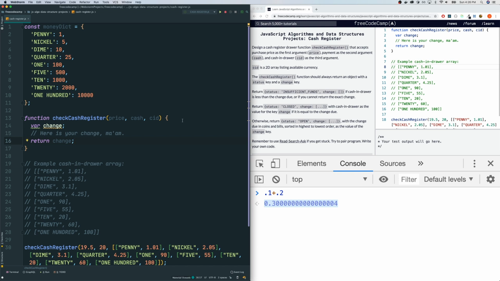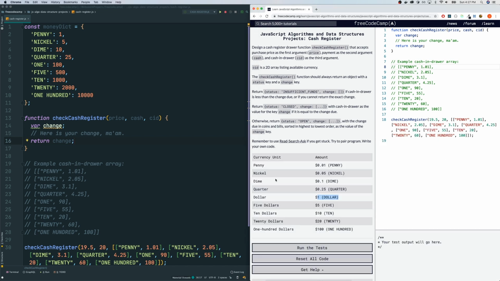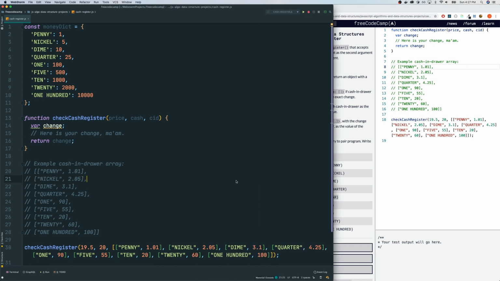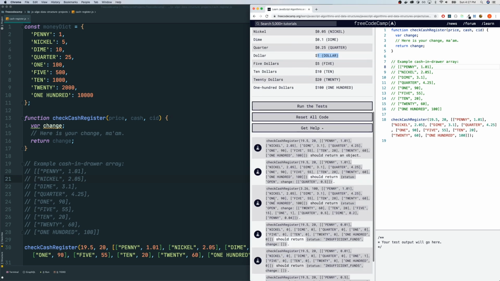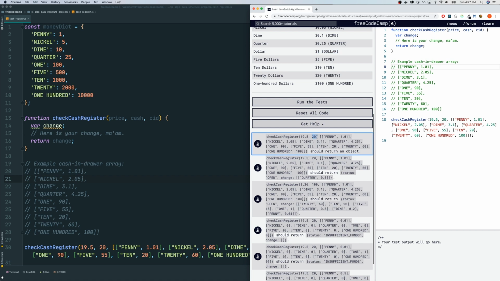And let's go on. So what we are interested in, let me close this real quick. Let me make this a little bit bigger for us. What we are interested in right now is the difference between cash and price. So if you look at the test example here, 20 is the cash, price is the 19.5. So the difference, the change that we have to give is 50 cents, right?